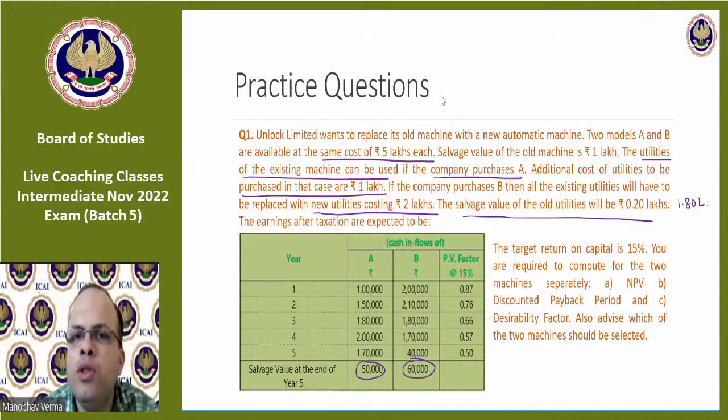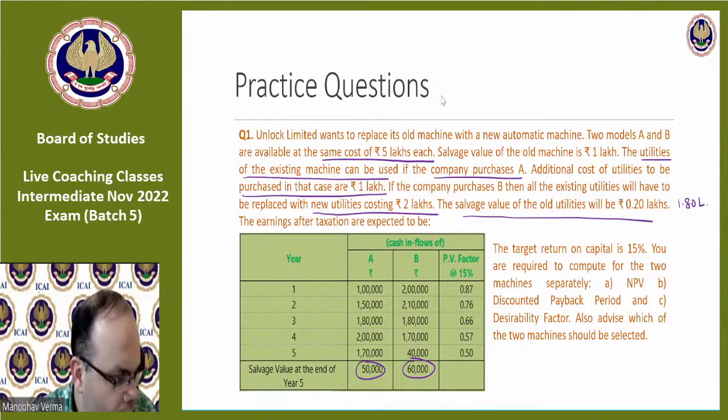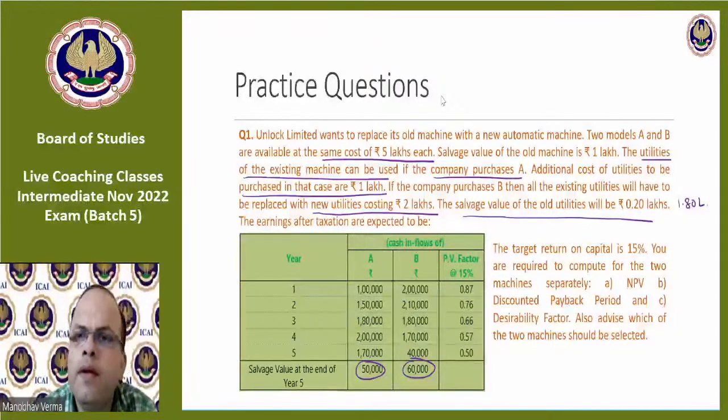Inflows are given in the question, so don't worry about inflows. Waiting for your response, guys. What shall be the initial outflow, or you can say net outflow, for machine A, and for machine B as well?